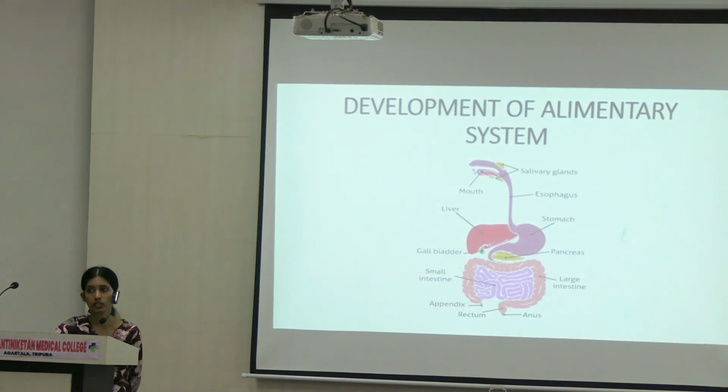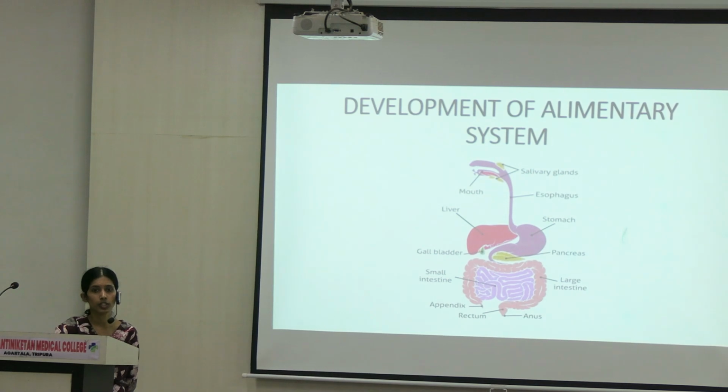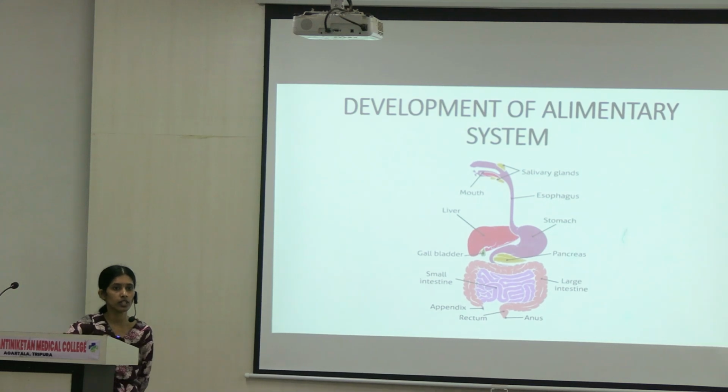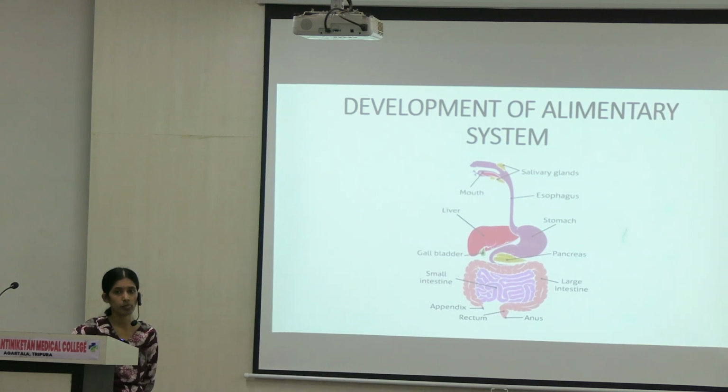We can see the presence of the buccopharyngeal membrane and cloacal membrane where the mesoderm is absent and your ectoderm and endoderm are connecting with each other. Okay. What is the structure developed from your septum transversum? Diaphragm.